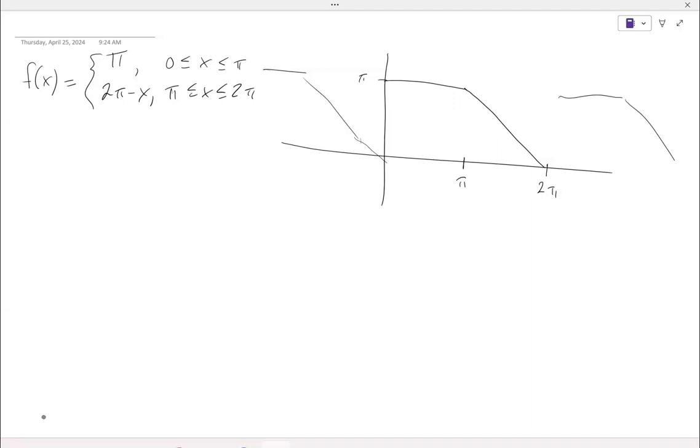All right, so remember how we find these different coefficients. What do we have to do first? Yeah, we need to find our A naught, we need to find our A sub n's, and we need to find our B sub n's, right? How do we find our A naught?